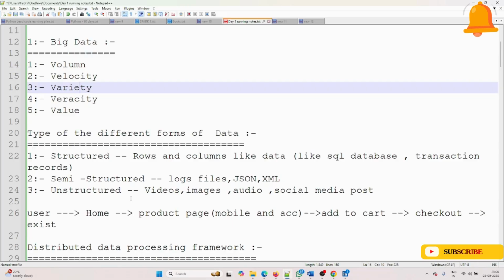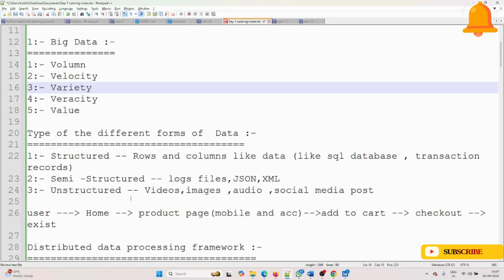Let me give an example. Amazon uses customer browsing and purchase data to recommend products, which accounts for 35% of its sales. Now for content watching details: Netflix analyzes viewing patterns to recommend shows and improve customer retention.